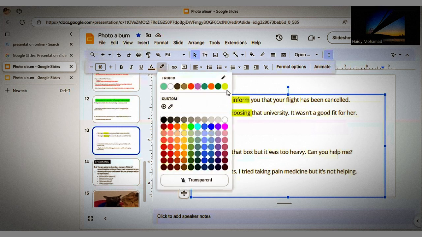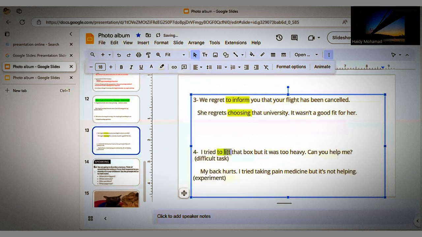Pay close attention to the structure for each example. Here we have the base form, but here we have the gerund form. Okay, perfect.